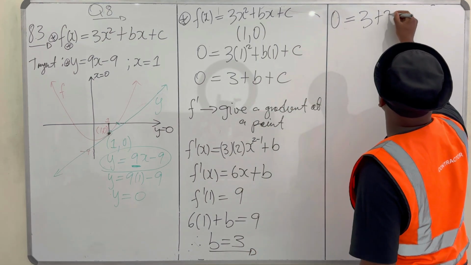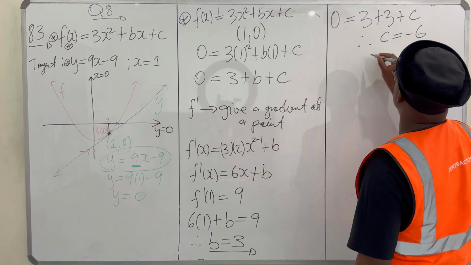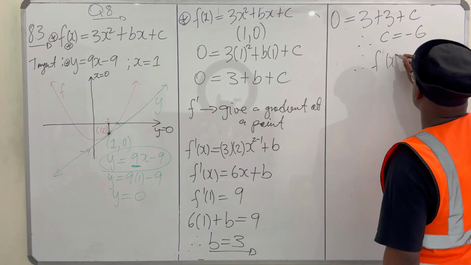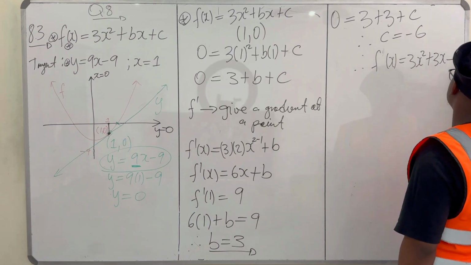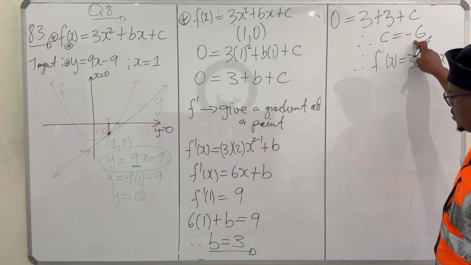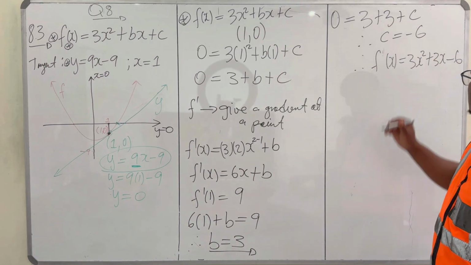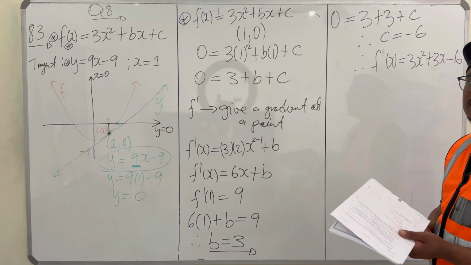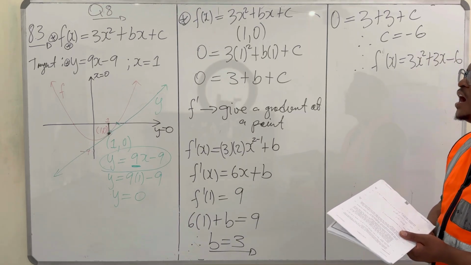The b is also 3, plus c. Therefore, your c is equal to minus 6. Therefore, your f of x is equal to 3x squared plus 3x minus 6. So here's b, here's c, and we're done with this question.